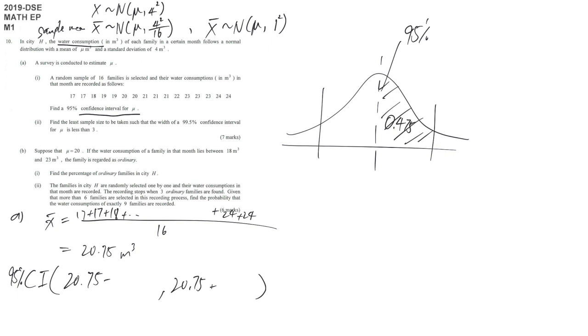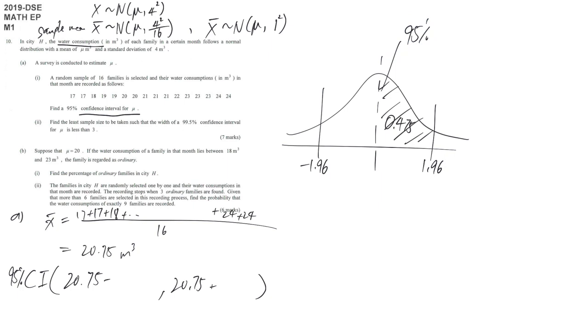Then we check the table to search for this area 0.475 and see the corresponding standard score. For this area, the corresponding standard score is 1.96. That means if the standard score is between negative 1.96 and positive 1.96, then we include 95% of the data.